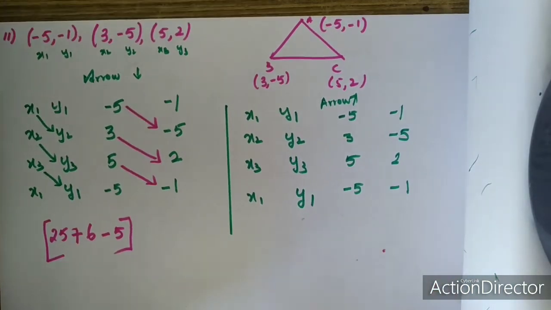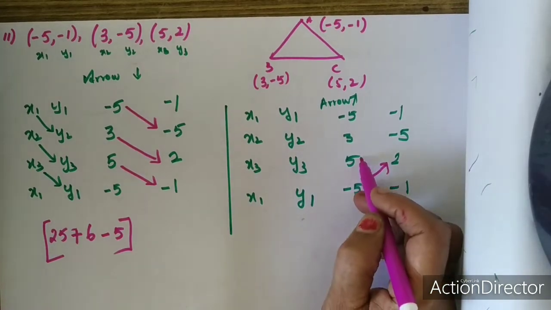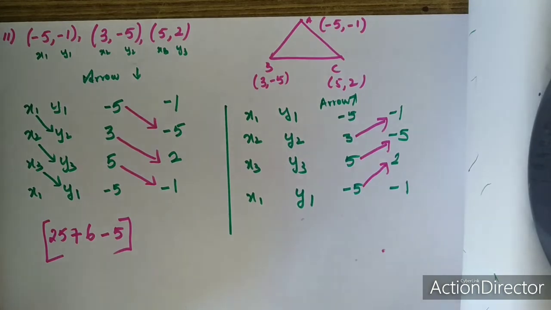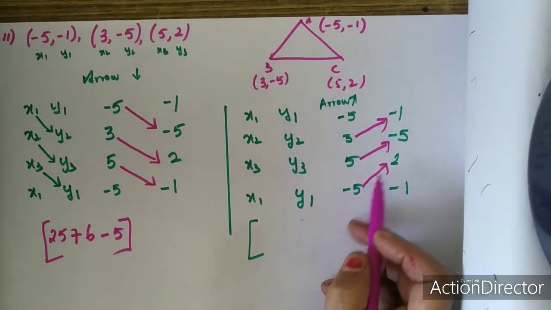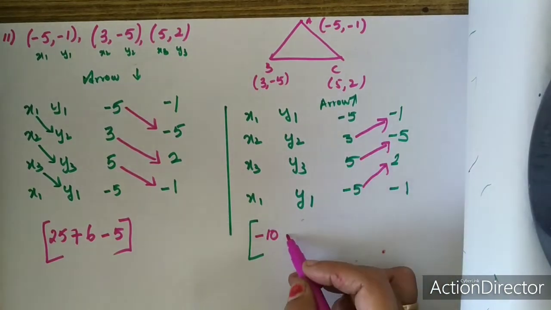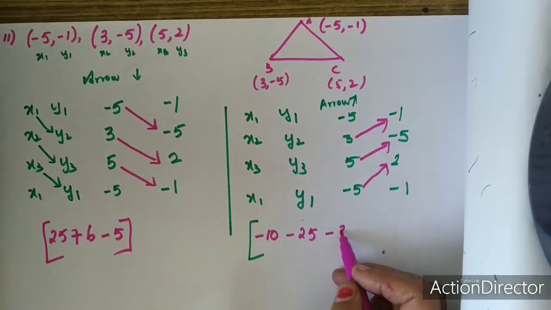Now the arrow will go upwards. So here like this, minus 5 and 2, 5 and minus 5, 3 and minus 1. Again we will be multiplying the values over here. Minus 5 into 2, minus 10. 5 into minus 5, minus 25. 3 into minus 1, minus 3.